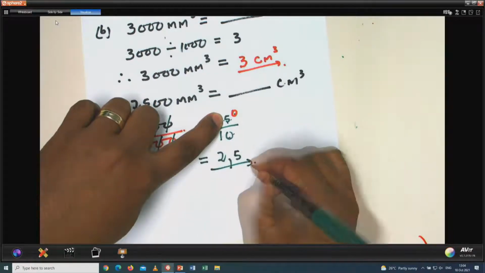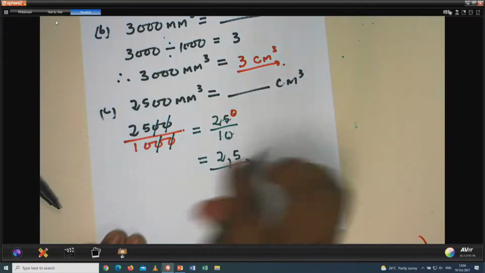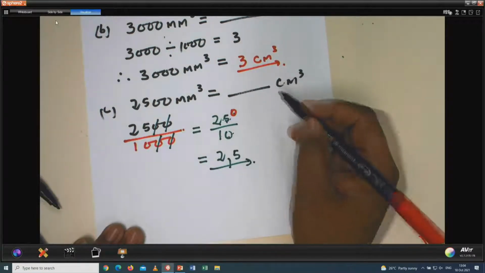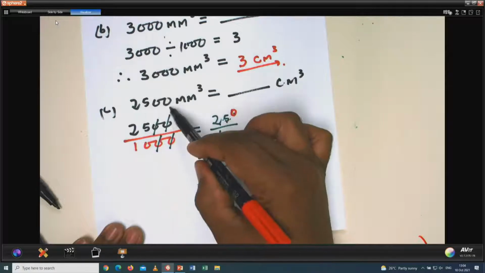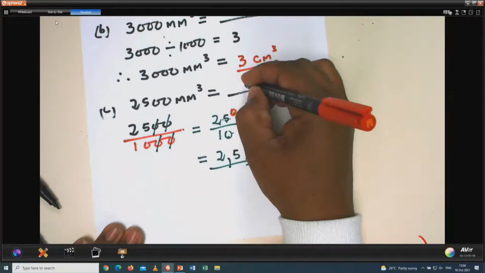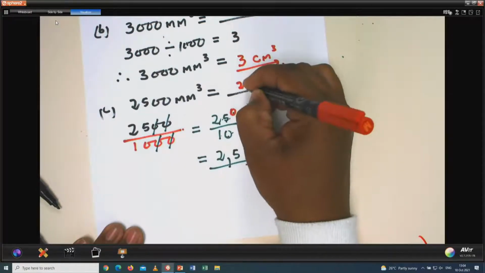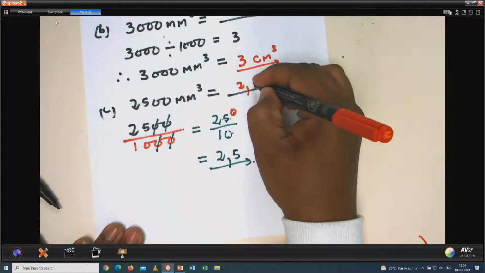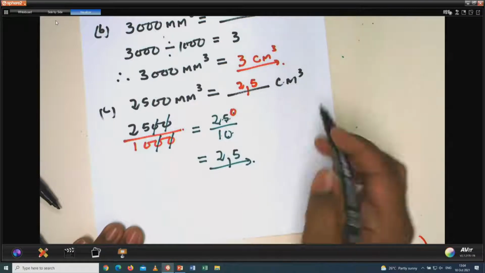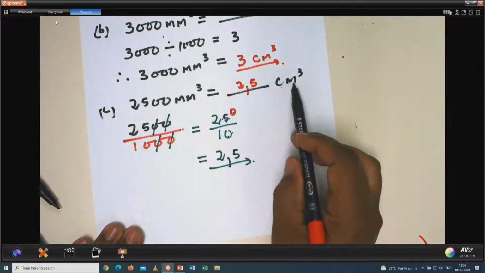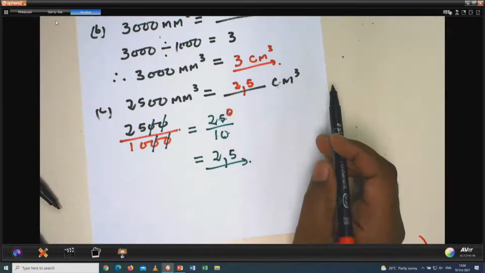And therefore I have 2,5. This simply means 2500 cubic millimeters would be 2,5 cubic centimeters.